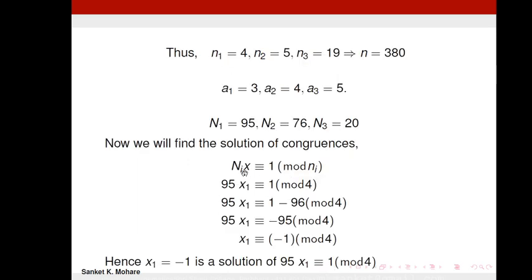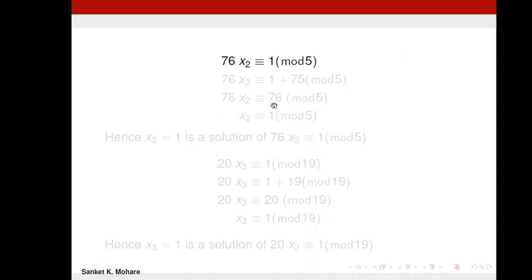Now for i equal to 2, capital N2 x2 is congruent to 1 modulo n2. The value of n2 is 5, the value of capital N2 is 76. So 76x2 is congruent to 1 modulo 5, but 76 doesn't divide 1. This implies 76x2 is congruent to 1 plus 75.